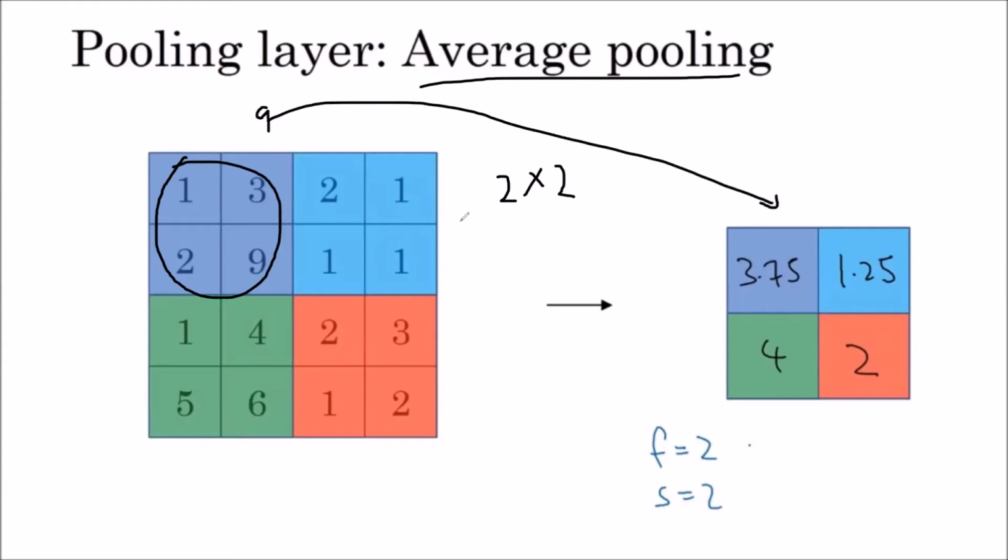Whereas in average pooling, we take the average of these four values: 1 plus 3 is 4, plus 2 is 6, plus 9 is 15. 15 by 4 is 3.75. So average pooling means we take the average of the 2x2 area in the feature map, because we have considered a 2x2 filter.